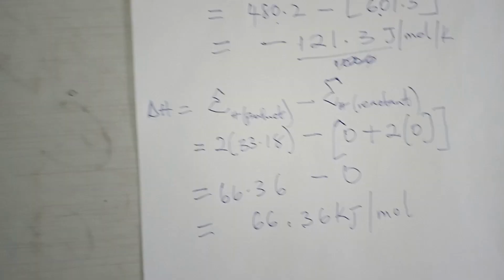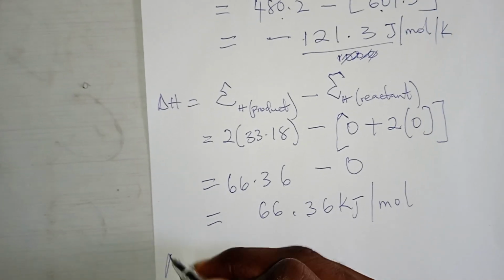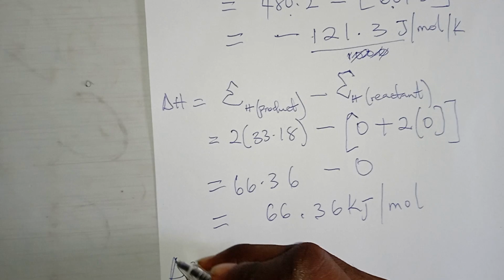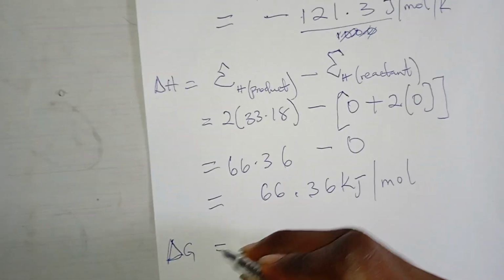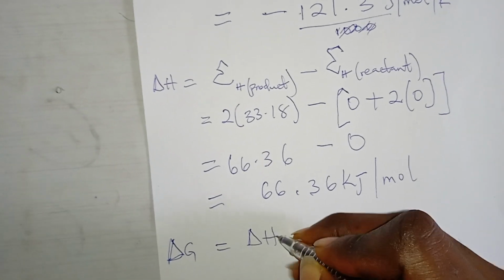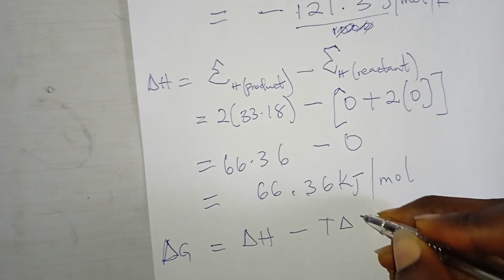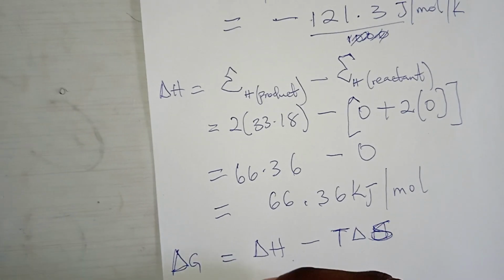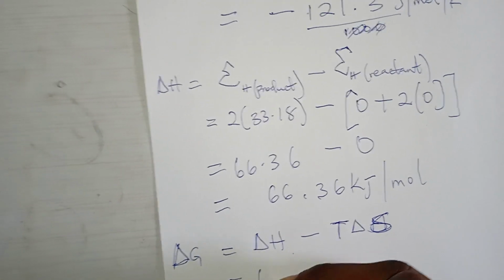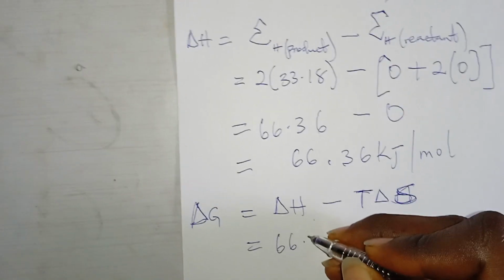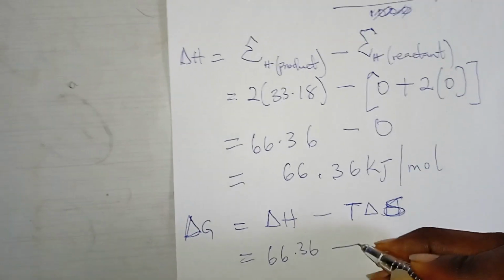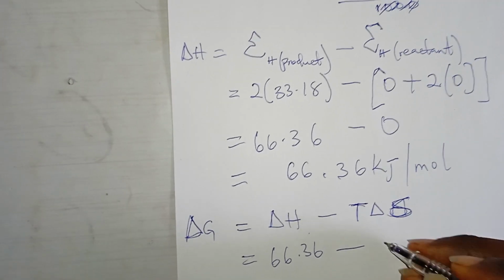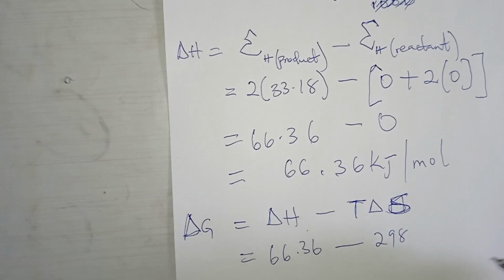So that is that. Now for Gibbs free energy, delta G, all I need to do is delta H minus T delta S. So 66.36 minus, remember that temperature here is 298 Kelvin.